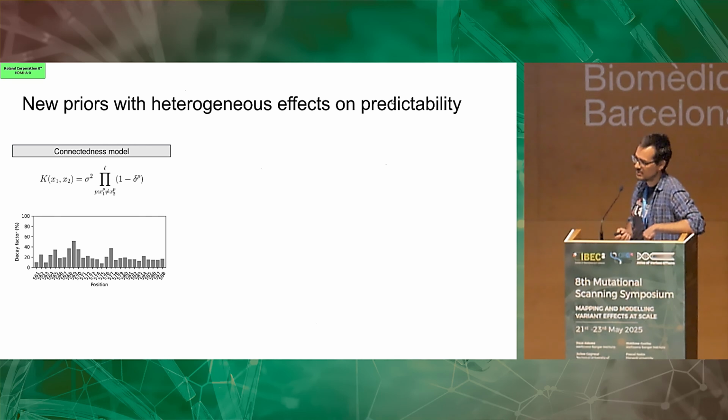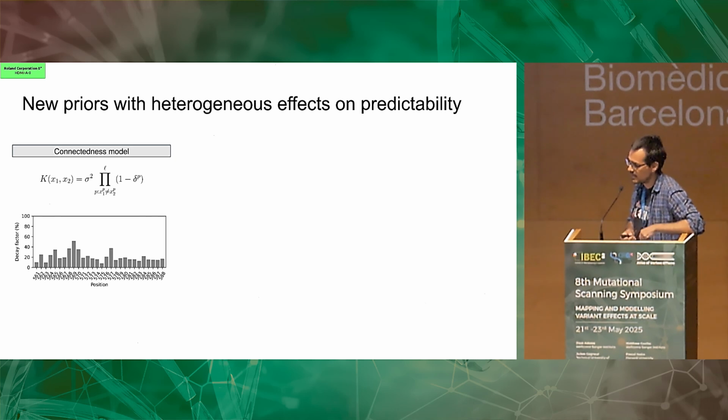Based on this observation, we developed these new models that can account for these heterogeneous effects of mutations on predictability. We came up with the idea of what we call decay factors, which tell us the percentage decrease in predictability when we make a mutation.